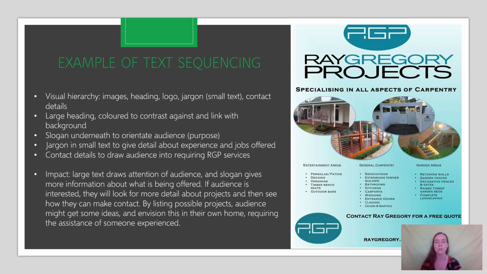If the audience is interested, they will look for more detail about projects and then see how they can make contact. By listing possible projects, the audience might get some ideas and envision this in their own home, requiring the assistance of somebody experienced. That is exactly what the ad is hoping to do by sequencing their text like they have.